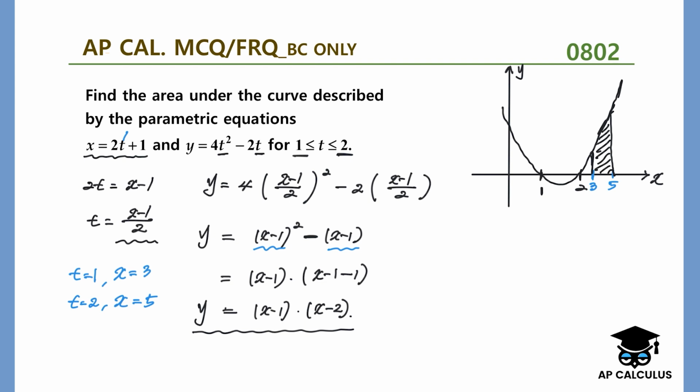So the area under the curve from x is equal to 3 to x is equal to 5 is going to be the definite integral from 3 to 5 of f of x, which is (x minus 1) times (x minus 2), dx. That's our area, right?